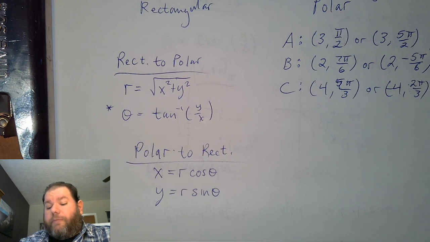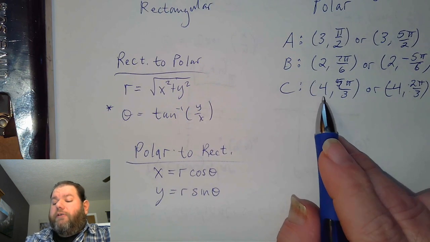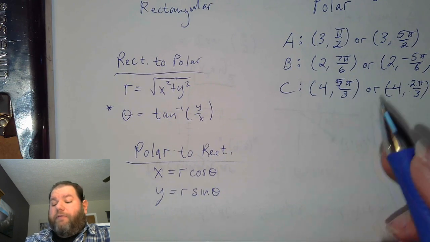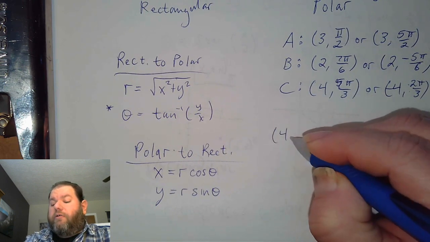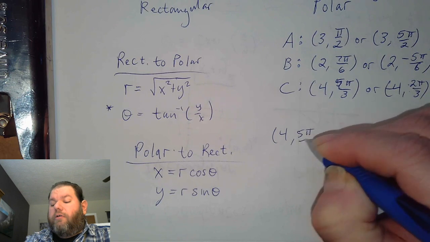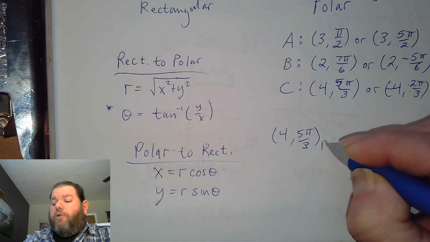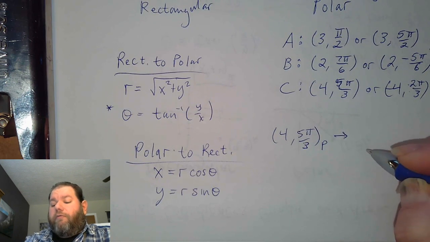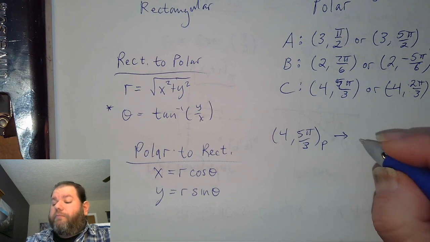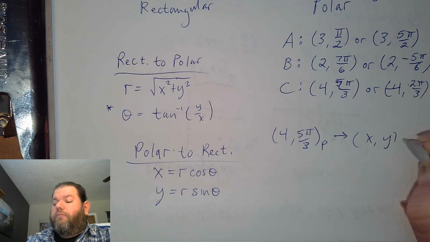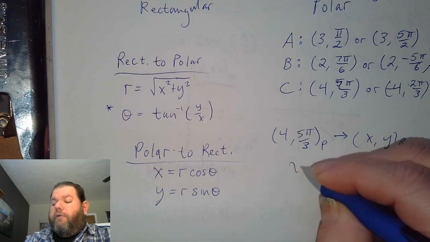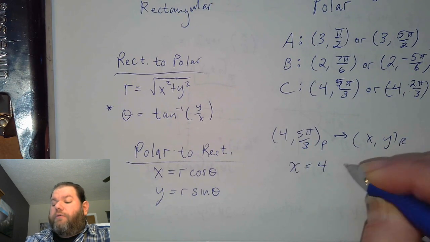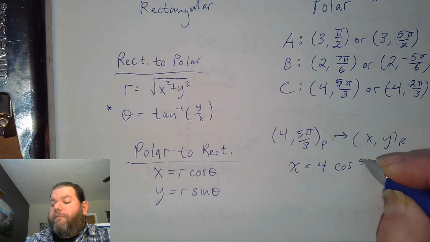Anyway, if we wanted to take this coordinate 4 comma 5 pi over 3 in polar and convert it to rectangular, x would be 4 times cosine of 5 pi over 3.